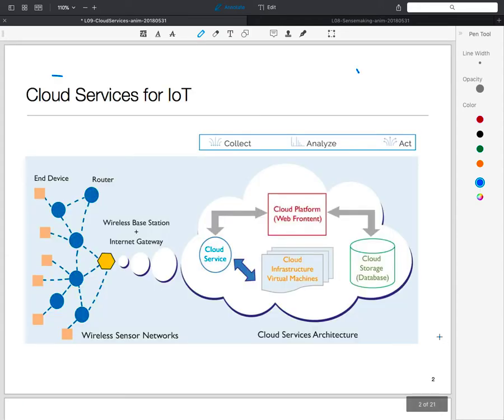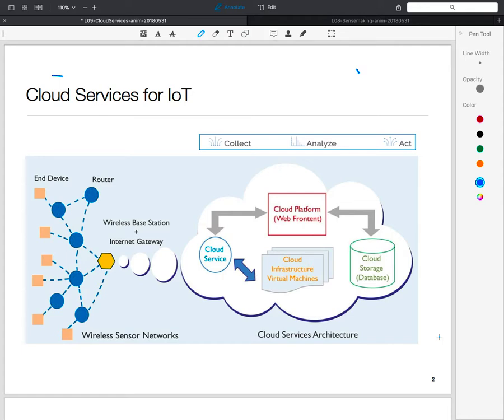Okay, so the view here is the following: there are organizations or people with deployments of IoT devices, and then the data, instead of being locally processed, gets shipped to the cloud, and it itself presents issues of whether it is okay to traverse to the cloud service in terms of latency and data rates.